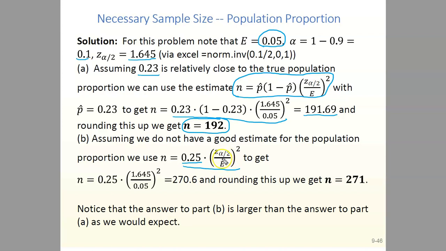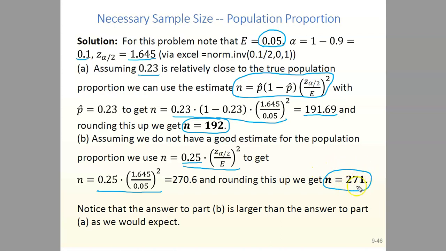E is 0.05. This is what we get right here. Evaluate this on your calculator, and you'll find that you get 270.6, and you would round that up to 271. So that's the necessary sample size if you assume that you have no information about the true population proportion.